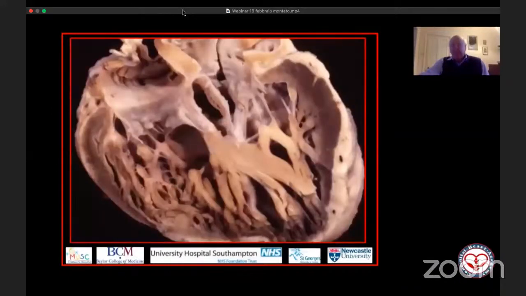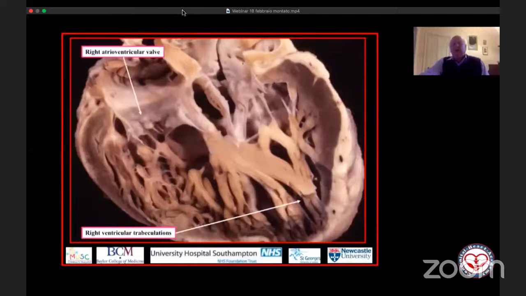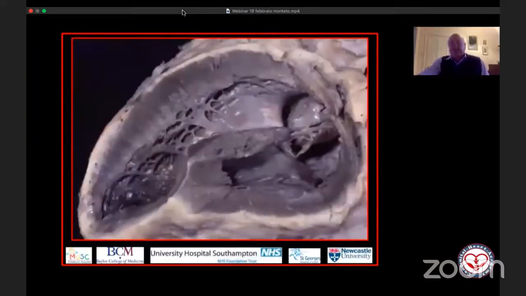So here is a picture example of double outlet right ventricle, and you'll recognize that the apical trabeculations are very coarse, and here unequivocally, right AV valve, left atrioventricular valve are draining to this dominant right ventricle. How do we know it is a right ventricle?